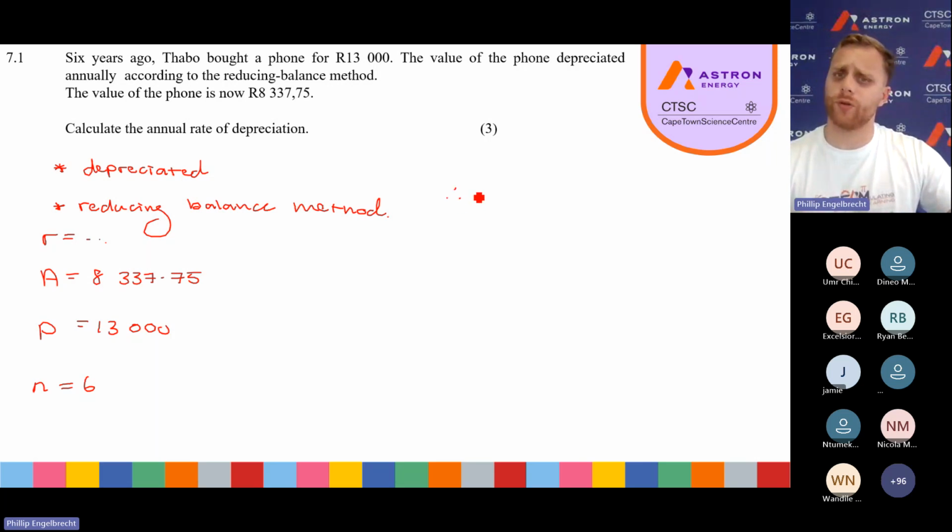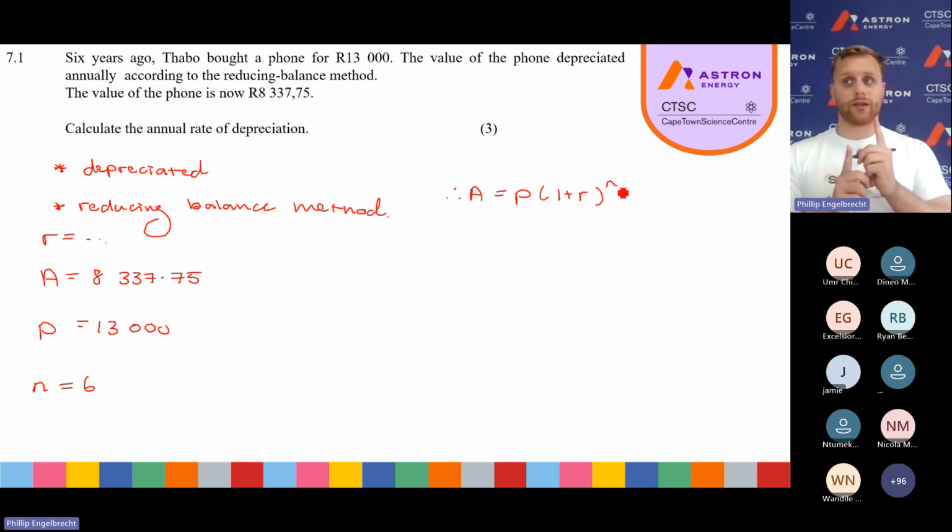So therefore, I use this equation. I say A is equal to P(1 + R)^n. But now here's the thing. It is depreciation. So therefore, that plus R must be a minus R because it's getting less and less every year.